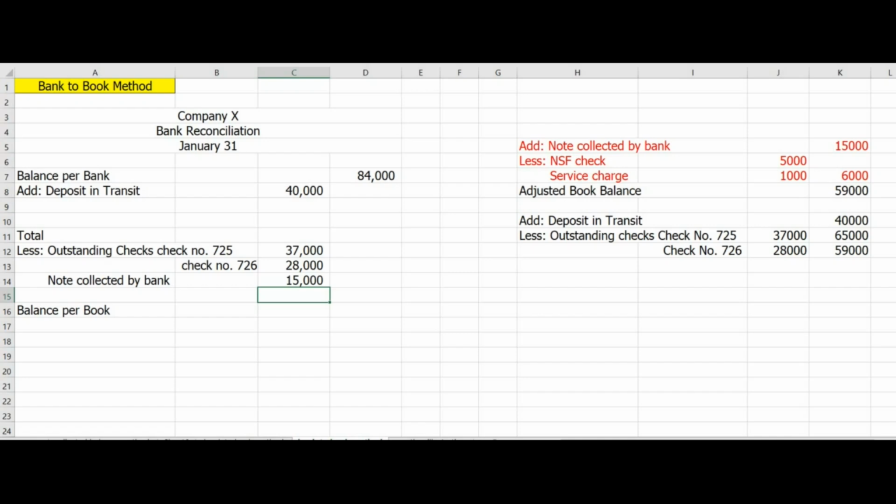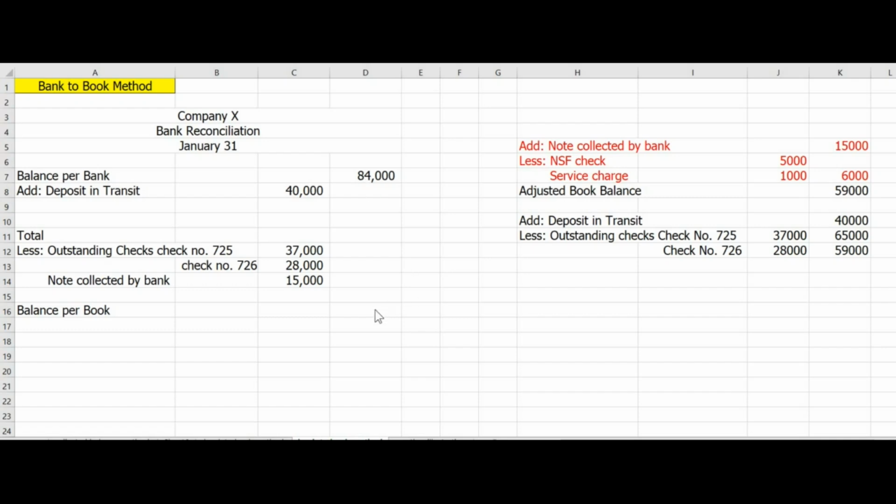Yan. Whereas, yung mga NSF check, no, yung mga service charge, yung mga debit memos na yan, this item should be added back. So, this debit memo should be added back, no, to your bank balance. Why? Because per bank balance, they're already deducted.